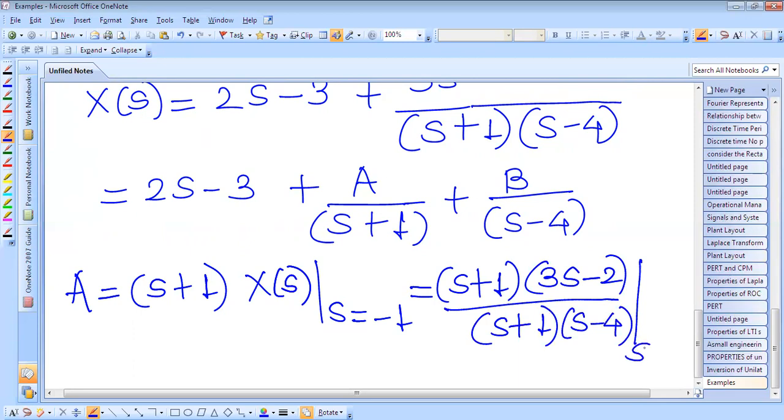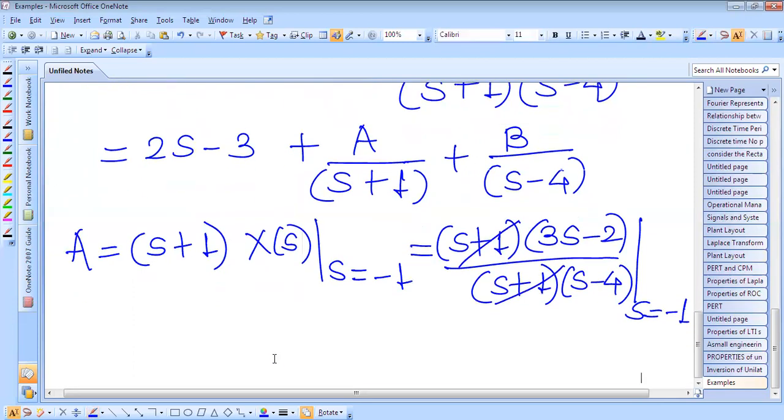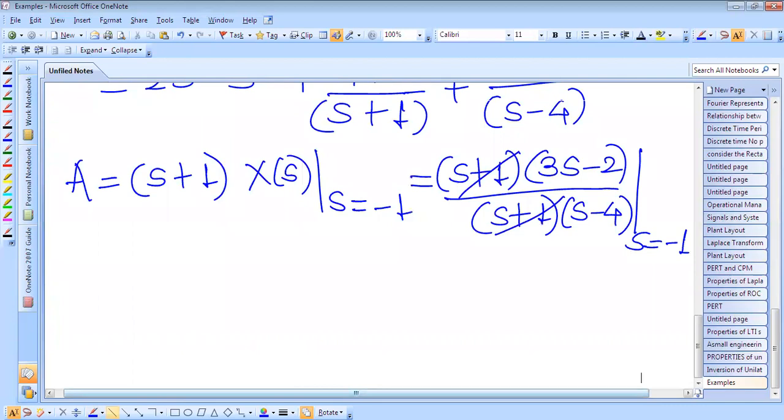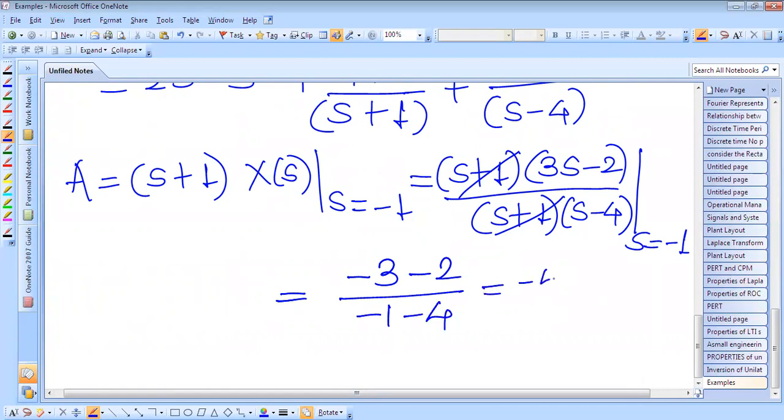The s plus 1 gets cancelled, and substituting s equal to minus 1, we get minus 3 minus 2 over minus 1 minus 4, so minus 5 over minus 5, which is 1. So A is 1.